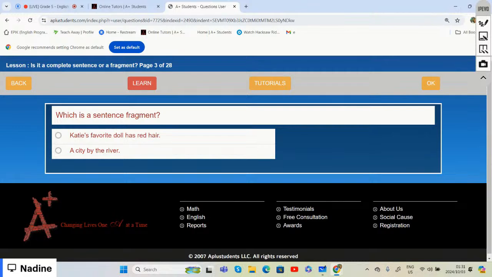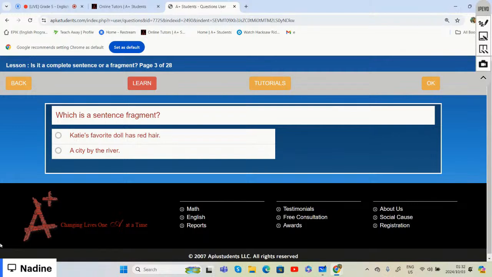The next one says, which is a sentence fragment? Is it option one, Katie's favorite doll has red hair? Or option two, a city by the river?